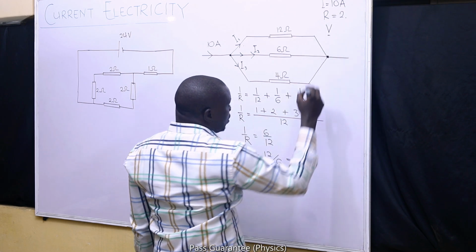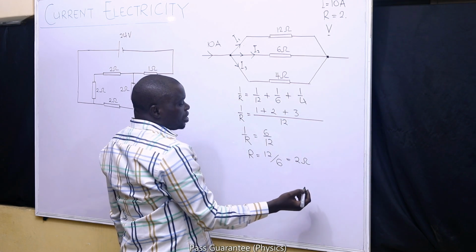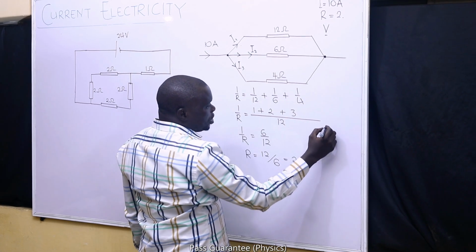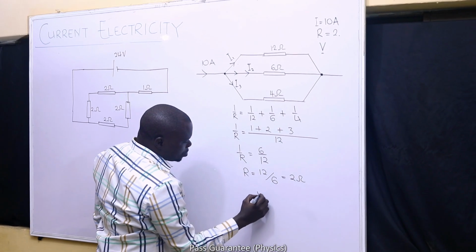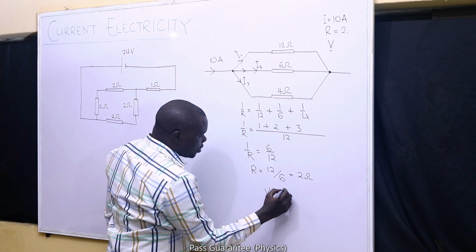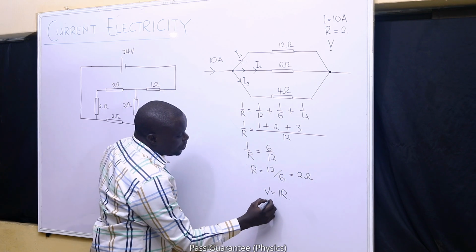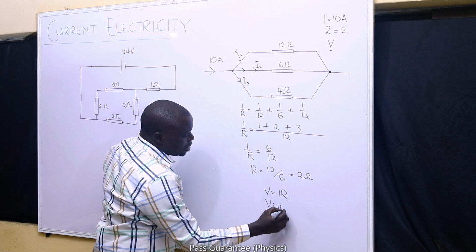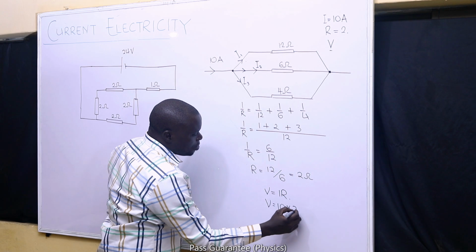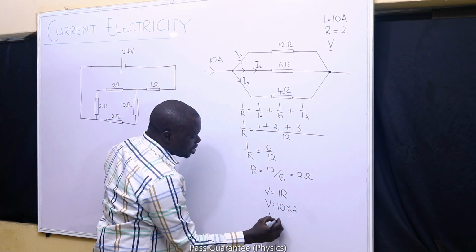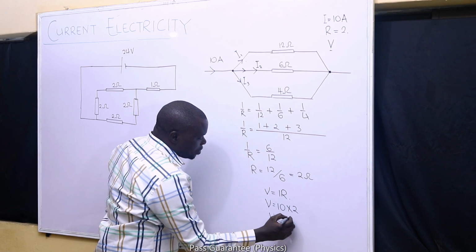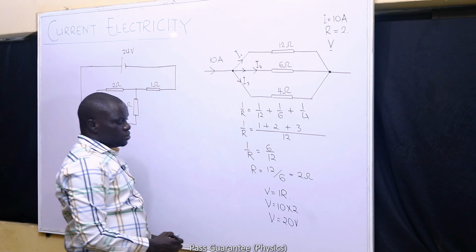I can now find the total voltage. I will use V is equal to IR. So V is equal to 10, that's the total I, multiplied by 2, that's the total R, or the equivalent R. That's 20 volts.